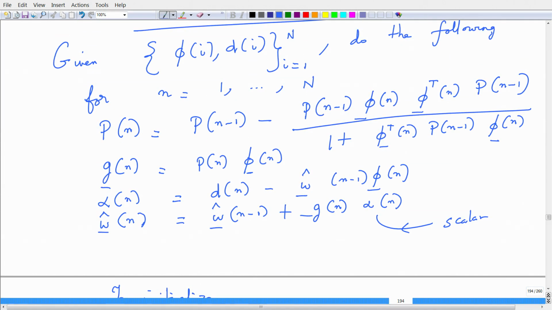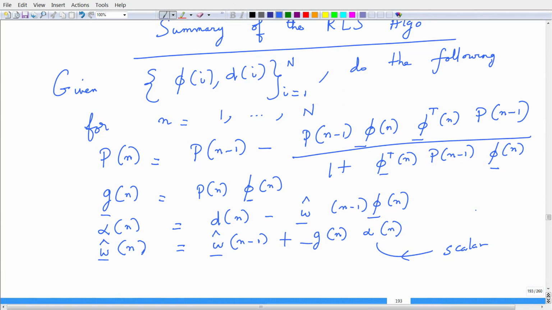So, I have phi I and d sub I that I can compute. D sub I I know for all the data points, that is a desired response. Phi of I, which is basically phi of x i, is what I can compute given all the cluster means. So, from this I can set up computing P of n, which is basically R inverse n.